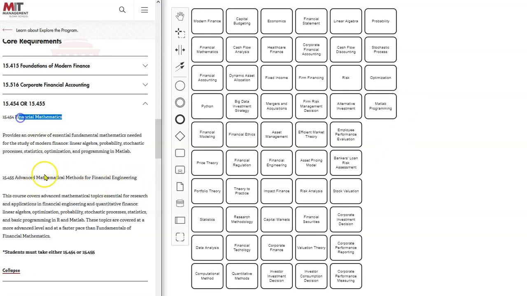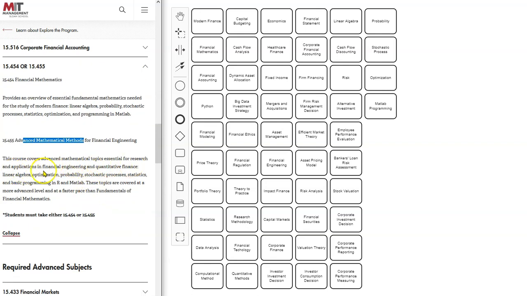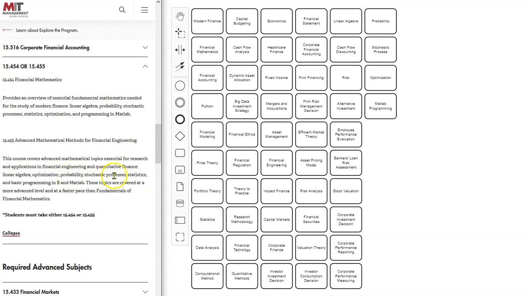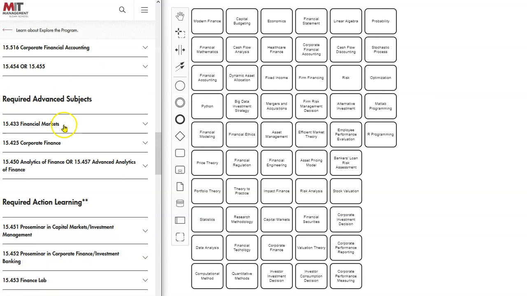So that was the financial, and then we have advanced financial methods. Okay, here we go. Linear algebra again, optimization, probabilities, stochastic processes. Here's another one. Basic programming in R. So you have R programming. That's a language. So probably for those who have a little bit more experience. Okay.